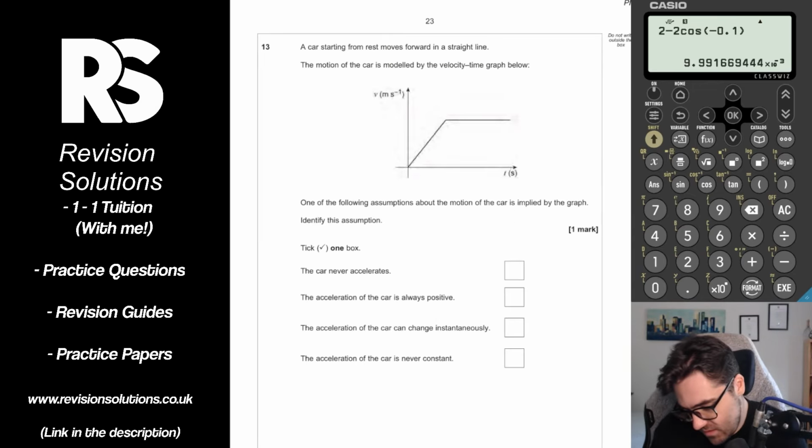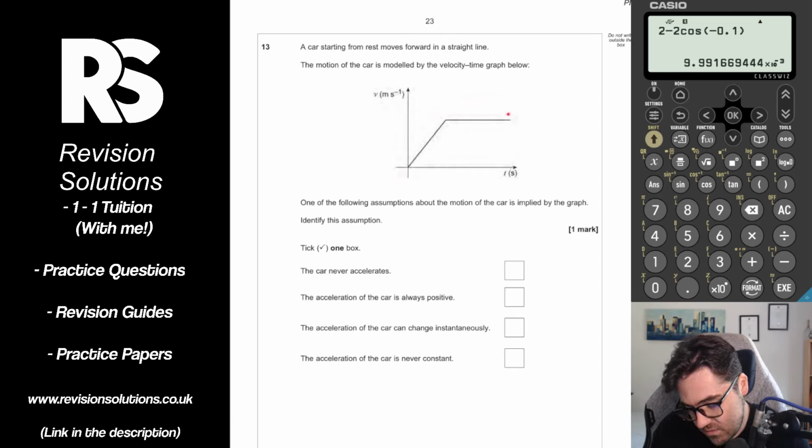Carrying on to question 13, it says a car starting from rest moves forward in a straight line. The motion of the car is modeled by the velocity time graph below. One of the following assumptions about the motion of the car is implied through the graph. So, first option, the car never accelerates. Well, that's not true. That's happening in the first section here where the velocity is increasing. The acceleration of the car is always positive.